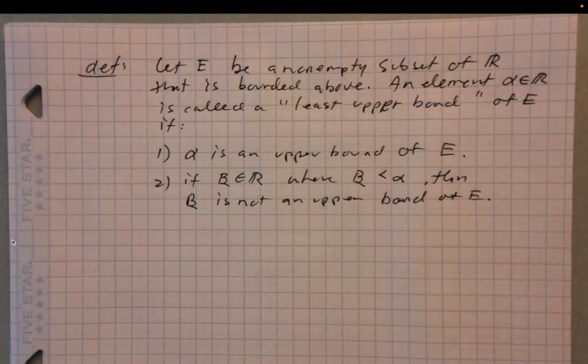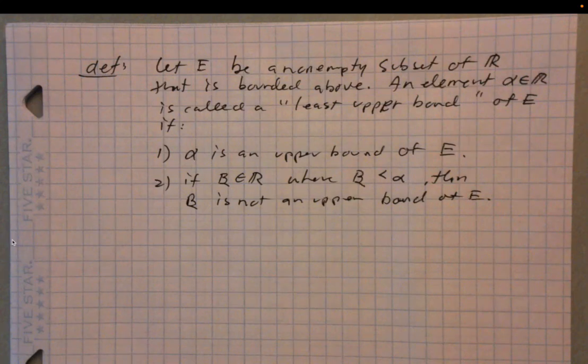It's got to be an upper bound to be a least upper bound. And what gives it the qualifier least is that if beta is any other real number that's smaller than alpha, then beta is automatically not an upper bound. So alpha has to be an upper bound, and anything less than alpha is not an upper bound. If that's the case, then you've got a least upper bound.